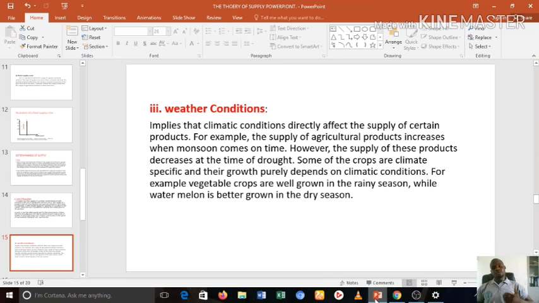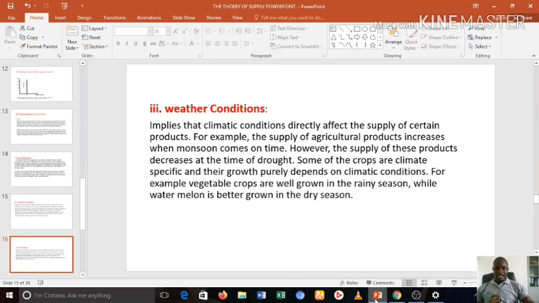And when goods are produced in an unfavorable weather condition, it will lead to a fall in productivity, and of course a fall in the supply for that particular good or service.